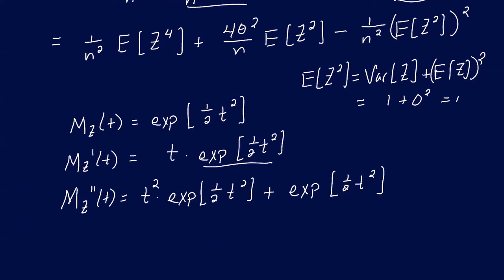And if we plug in t equals 0, this first term is going to disappear, and the second term, e to the 0, is going to be 1. And we do know that the expected value of z squared is 1, so we're still doing okay here.